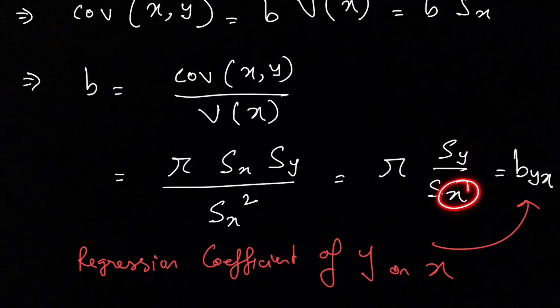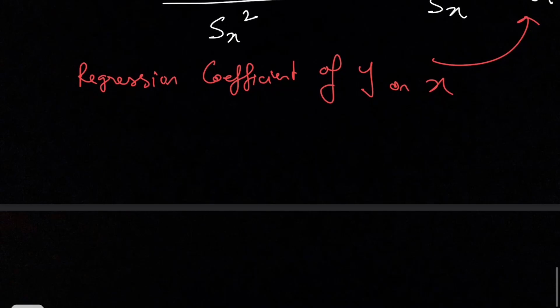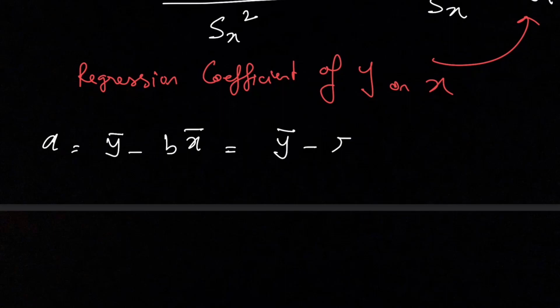Okay, x is in the bottom, since y is on x, so x is in the bottom. So a is y bar minus b x bar, which becomes nothing but y bar minus r sy by sx times x bar.